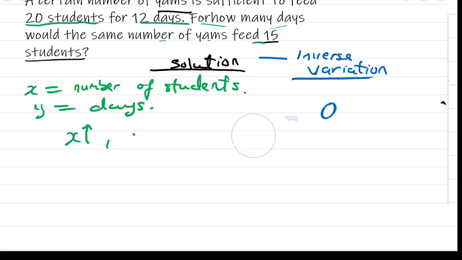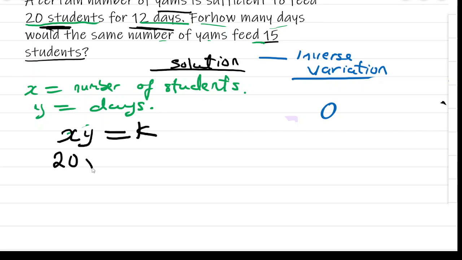Okay. The mathematical relationship is that xy is equal to k. So I'll write it in black. So xy is equal to k. We are going to find this k because here they say that 20 students ate the yam for 12 days. So x is 20 and y is 12, so k is 20 times 12.